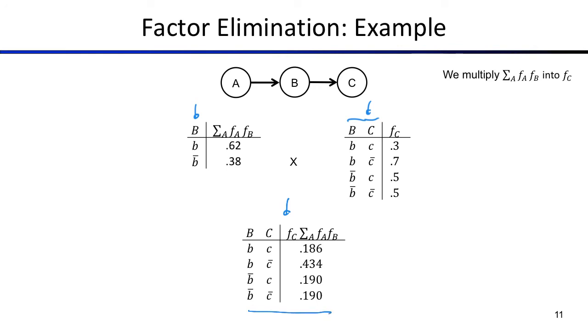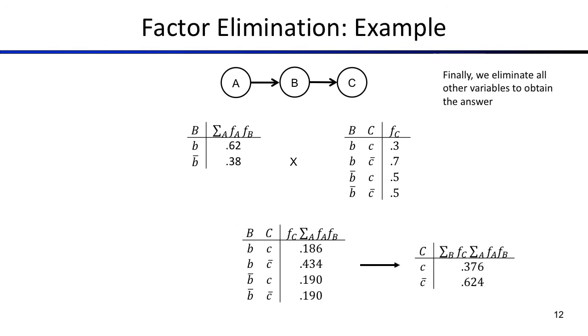What we have to do now is the last step of our algorithm, because now we have just one factor remaining. So we're going to leave the while loop, and we have that final step, that is to return the projection of this factor over the variables in Q, and in this case it is going to be the variable C. So what I'm going to do is eliminate the variable B, and we're going to get just one factor that only mentions variable C, and here it is, right?